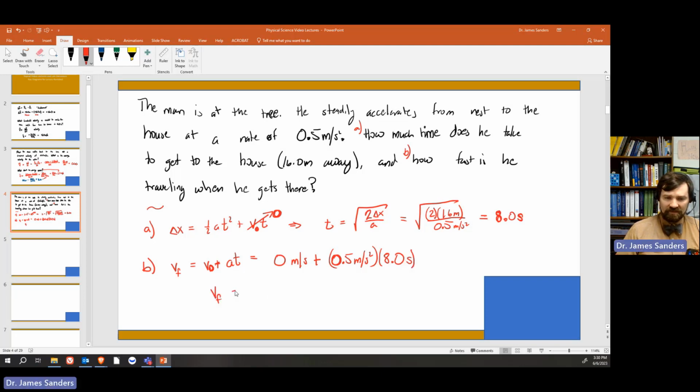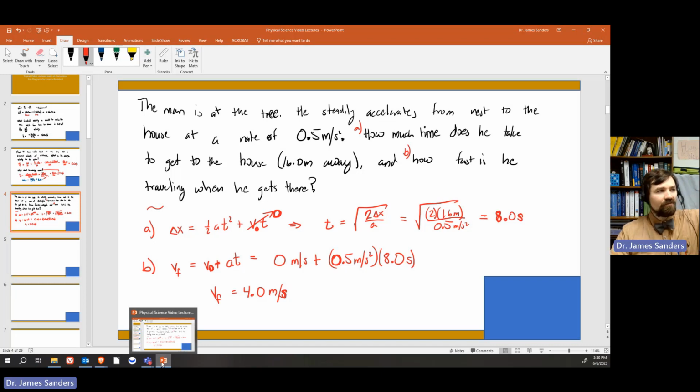So the final speed, according to this, should be 4 meters per second. So he should be arriving at the house at a time of 8 seconds with a speed of 4 meters per second.